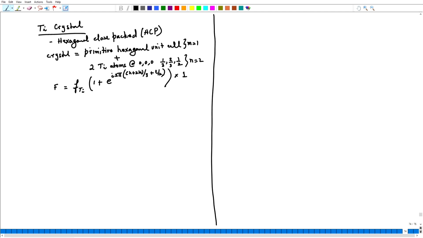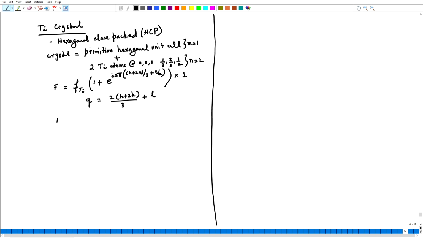So, therefore, let me simplify this a bit. Let me take a parameter called q, and let me write it as 2 times (h plus 2k divided by 3) plus l. So, I have taken this factor of 2 in the exponential inside the brackets.